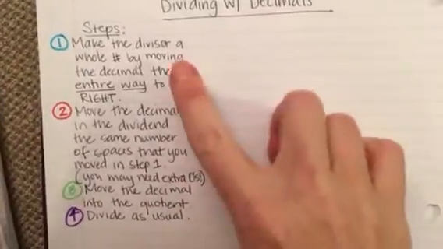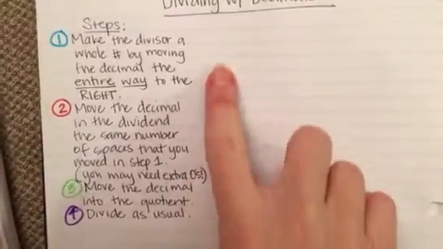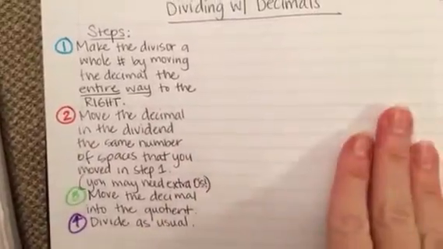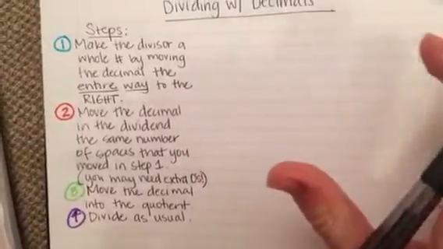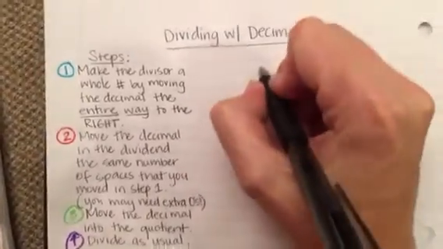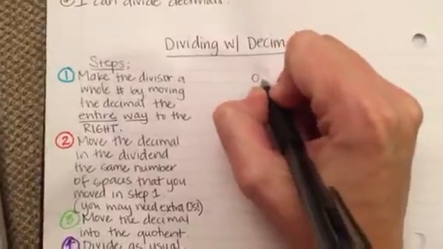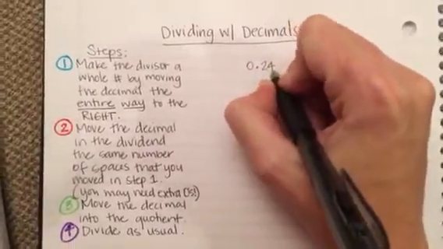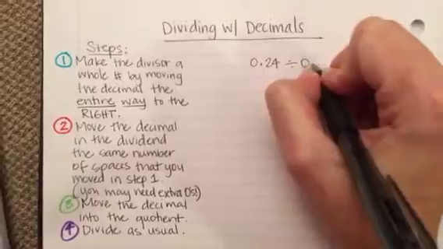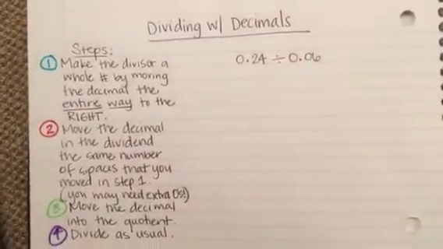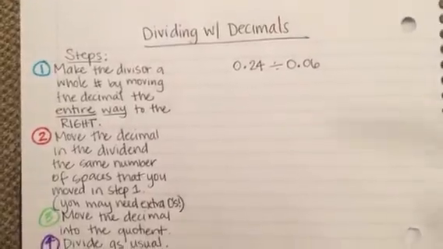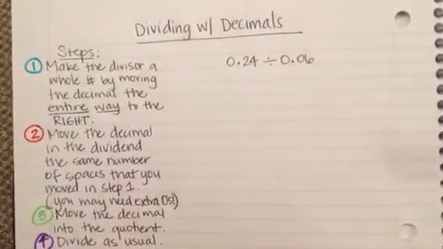Okay, so once you have all 4 of those written down, you can pause it, you can rewind it, whatever you need to do. We're going to do an example here so that you see what this looks like. So we're going to start with a pretty easy example, and that example looks like this. And this is different than what we've been working on the last couple of days because we started with long division, and then we moved into dividing whole numbers and decimals.